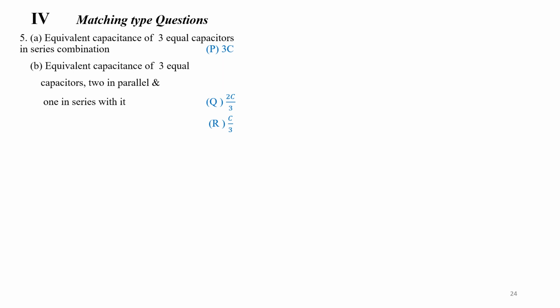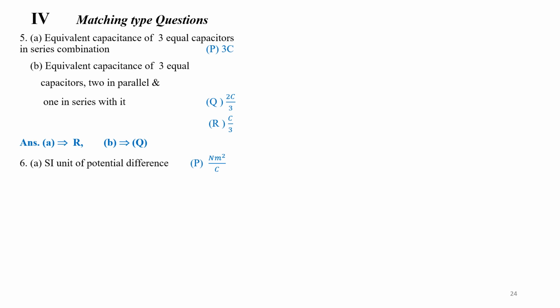For three equal capacitors in series, it is not 3C, it is C by 3. And B is the equivalent capacity of three equal capacitors, two in parallel and one in series. You have to calculate. It is Q, 2C by 3. Please calculate using the formula 1 by C is equal to 1 by C1 plus 1 by C2 plus 1 by C3. Similarly, for parallel, you use C is equal to C1 plus C2.